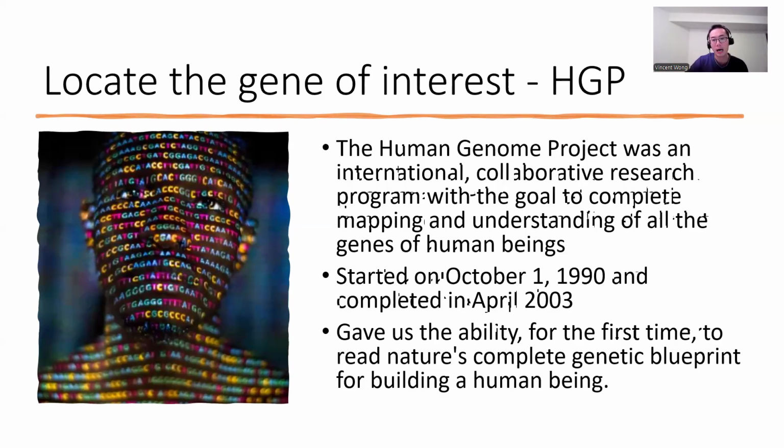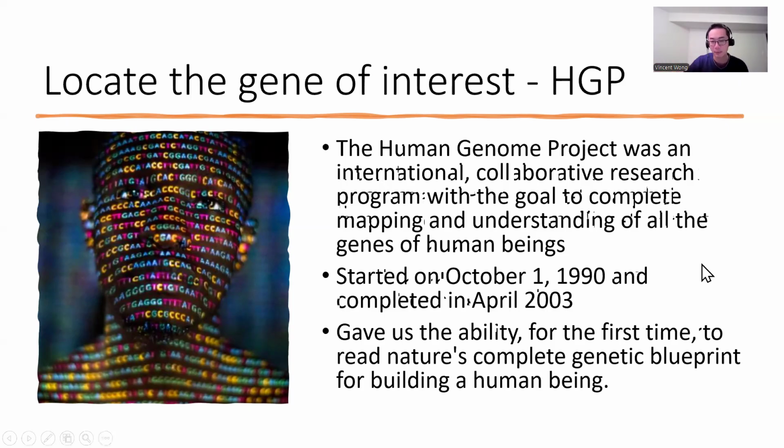It took over a decade to complete. It started in 1990, and was completed in 2003, so that is over 13 years to finish. I remember when I was in high school, the Human Genome Project was my report. We had to do a report for biology.